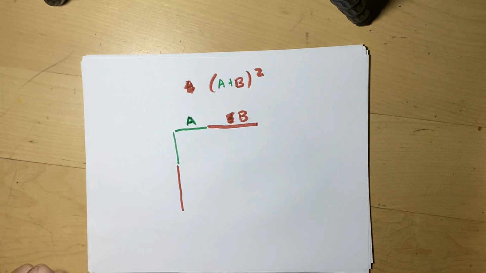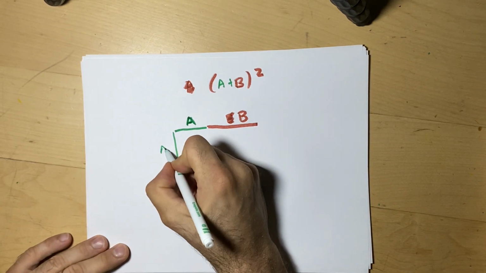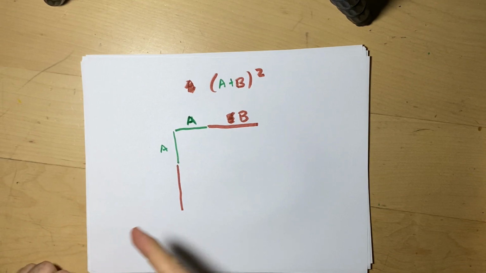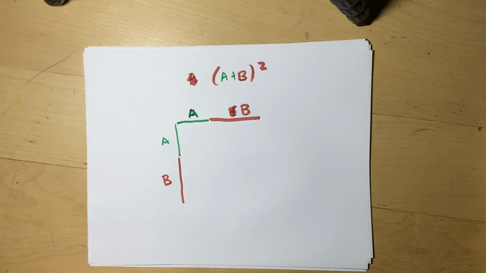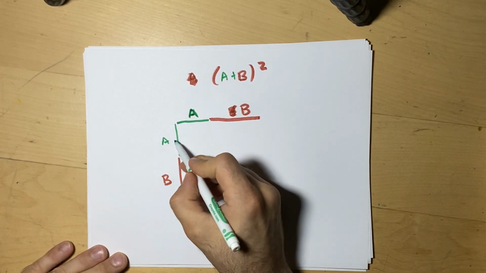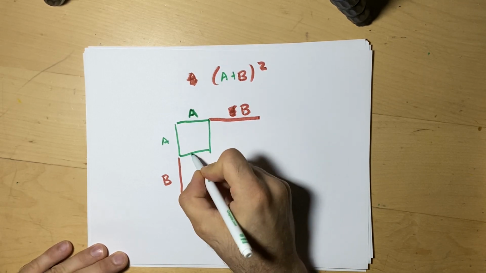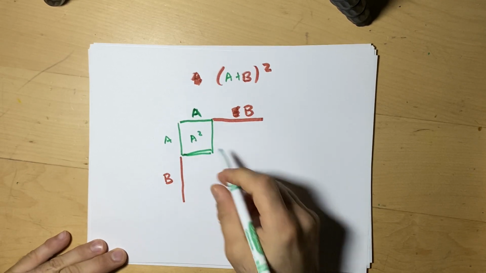Well, then this means this would be also a, and this side would be whatever amount b is. Well, if we started to fill this in to make a square, what we'd see is a times a would be a square of a, right? Squares have the same side.